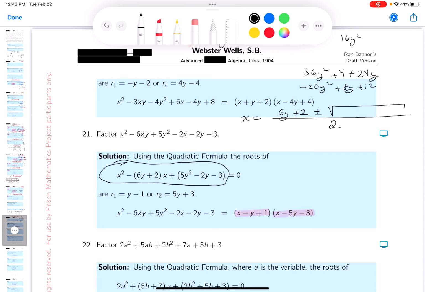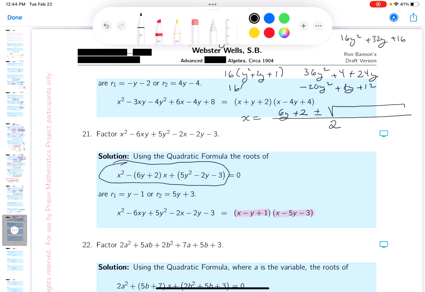And what would that give me? 16y squared plus 32y plus 16. Well, I'd factor 16 out from that. 16, then you get y squared plus 2y plus 1.